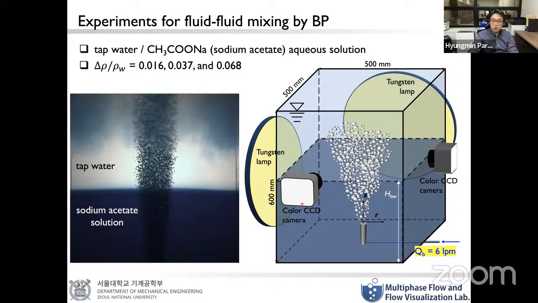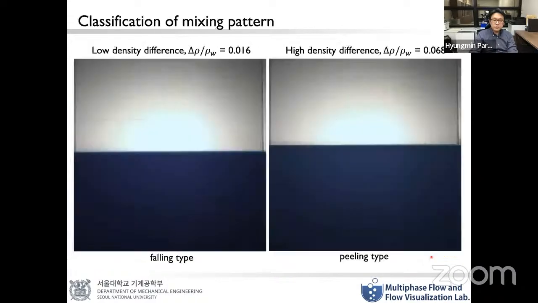We use a color CCD camera, and we also intentionally dye the lower liquid blue to quantify the mixing. I'm going to talk about that later. We used two color CCD cameras to measure the process of the mixing, and we used the same amount of gas bubbles that we have used before.